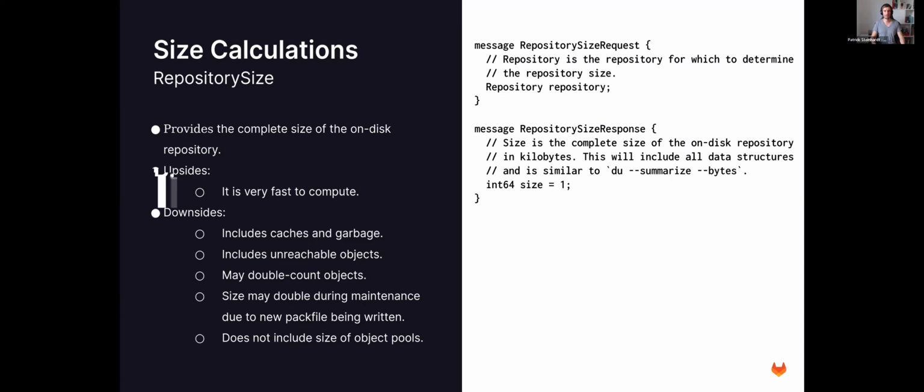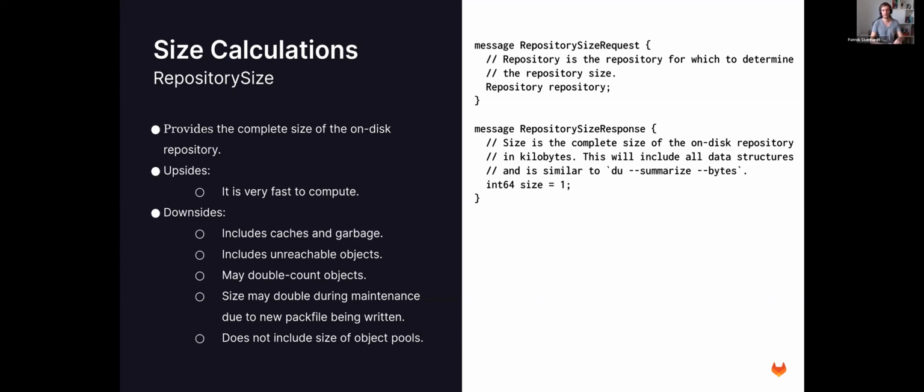So you essentially simply execute du on the on-disk repository and say this is your repository size. It has the significant upside that it's actually very fast to compute, but it also has a bunch of downsides because it includes caches and garbage, like all the metadata that we have and that the customer has no control over. All the different caches would actually be accounted for.